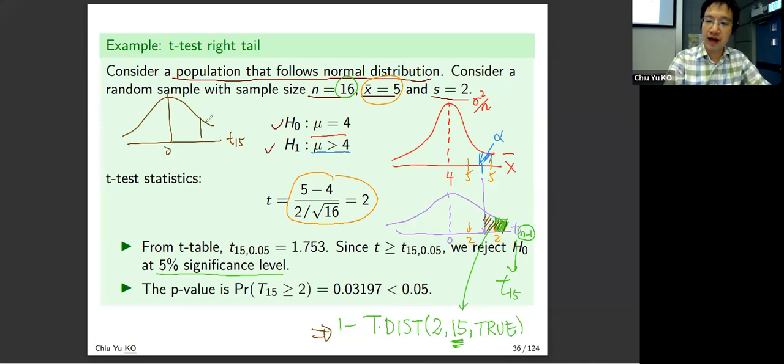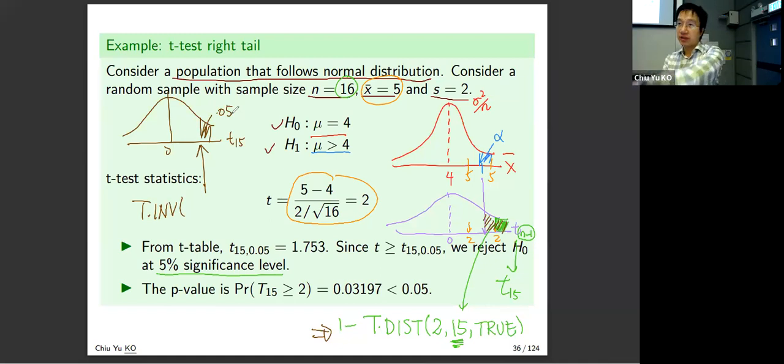I want 5% here, on the right-hand side. So this number will be T inverse. The right-hand side is 5%, the left-hand side is 95%, with 15 degrees of freedom. This number.